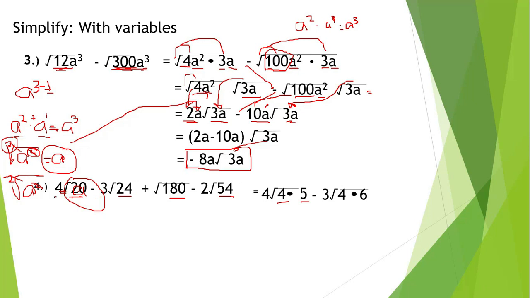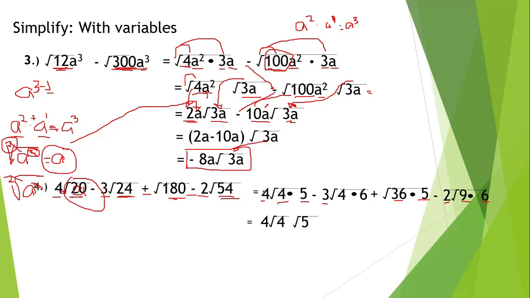Then copy this one, minus 3, then the factor of 24, which is 4 times 6. Copy the sign, factor of 80, 36 times 5. Copy the sign, copy the 2, then the factor of 54 is 9 times 6.